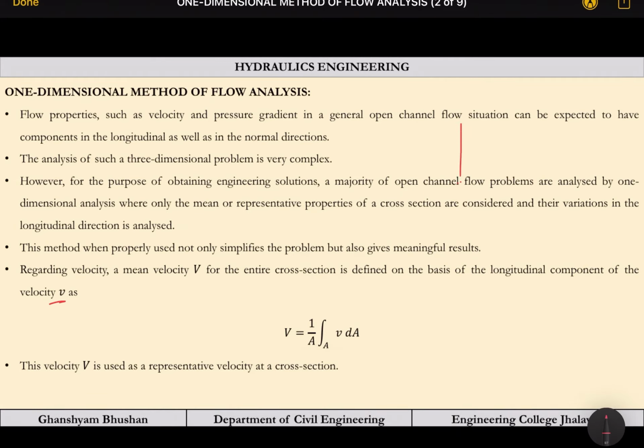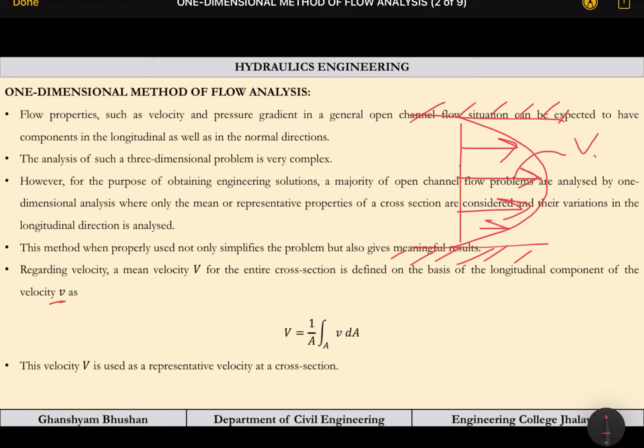If in a pipe it is like this, so flow, this is your pipe. At any section this is your maximum, v max, like that. So we can replace this velocity by a mean velocity.